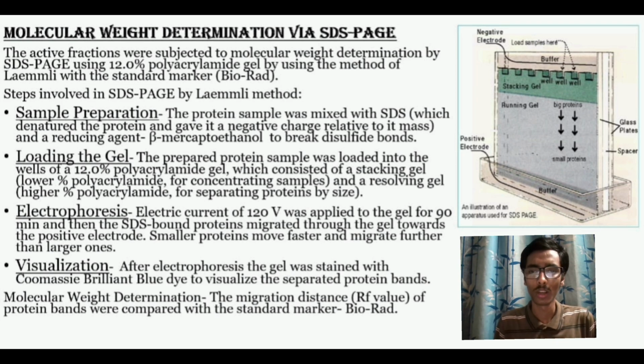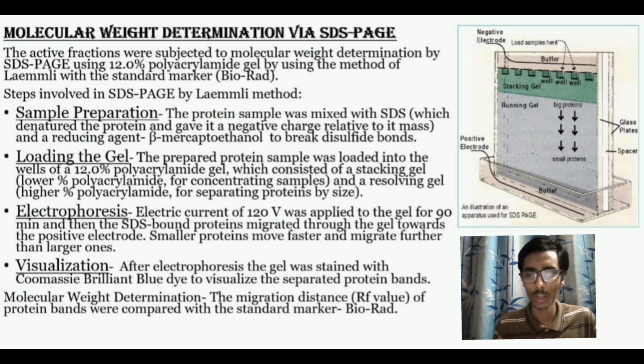In the forward, it is the Cl- ion followed by glycine molecules and then followed by the SDS protein complex. In the resolving gel, since the acrylamide concentration is high and the pore size is small, the smaller size proteins move faster than the bigger size proteins. So the proteins which are the smallest in size are the most forward, followed by intermediate size proteins and then followed by large size proteins.